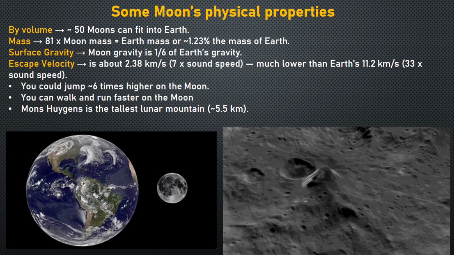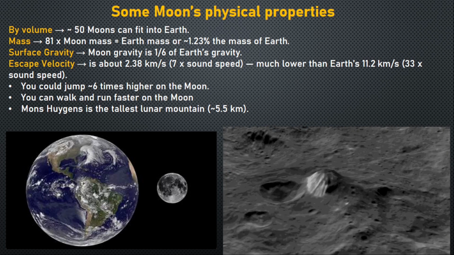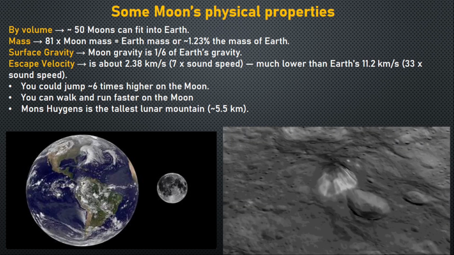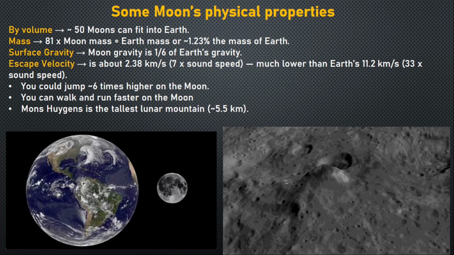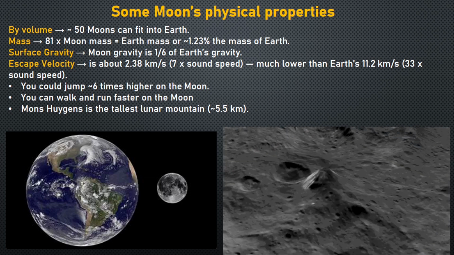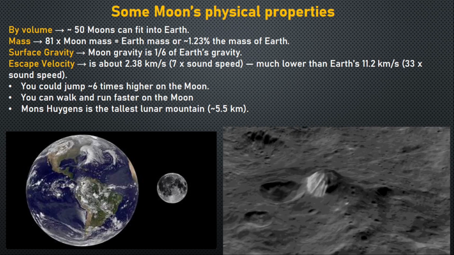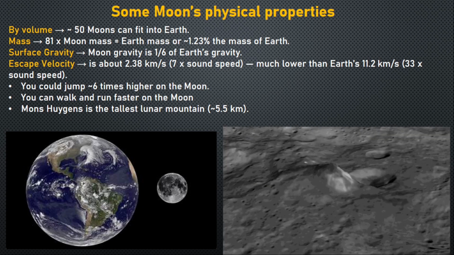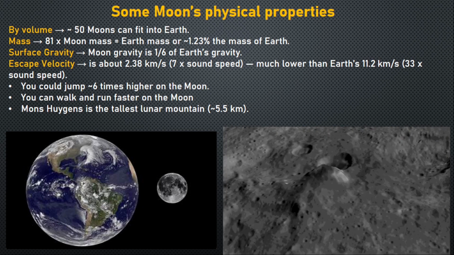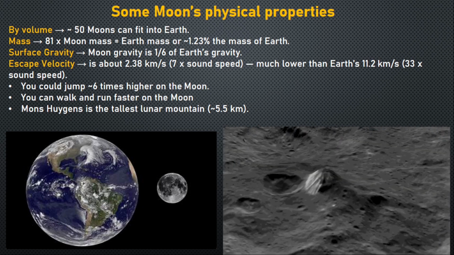For instance, the escape velocity on the moon is about 2.38 kilometers per second, which I've converted because I like to relate things to the speed of sound or the speed of light. In this case, I related it to the speed of sound, and that is approximately 7 times the speed of sound in air.